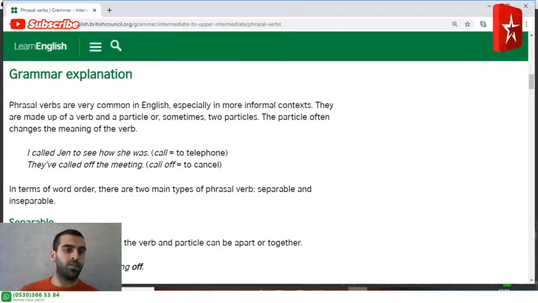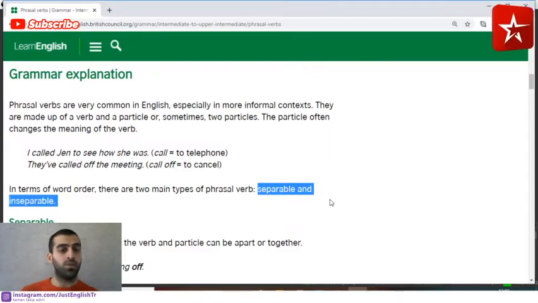The first meaning, as a main verb, is one thing. The second usage of call, if we add off, like a preposition, changes the meaning of this verb. It means cancel. So in terms of word order, there are two main types of phrasal verbs: separable and inseparable phrasal verbs, as you see from the screen.